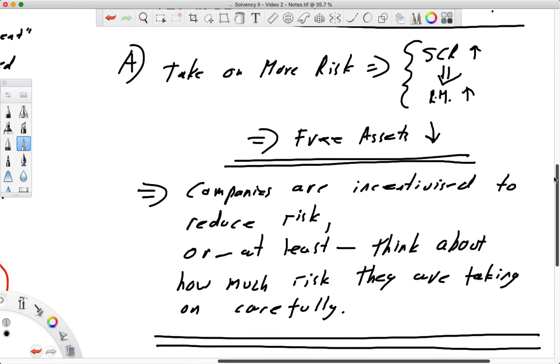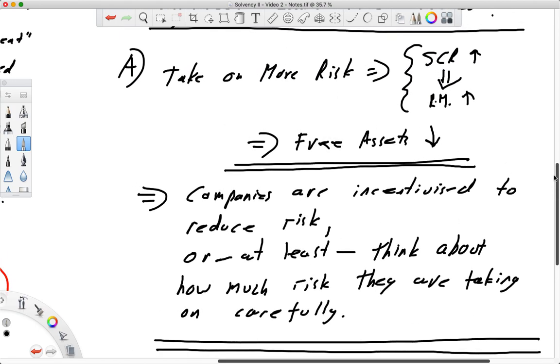Or, if you like, they think really carefully about whether they take on more risk, because they know more risk is going to reduce the level of their free assets. But maybe they want to do that. You know, you make money by taking on risk. You increase your expected profits by taking on risk. But that's a judgment call, you know, to do with how you run a company. How much risk are you willing to take on?